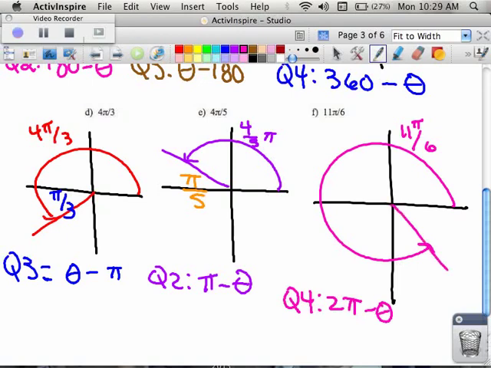Because here's our terminal side. We're almost to the 2 pi, but not quite. So 2 pi minus 11 pi over 6 is just pi over 6. So all of these answers that we're getting, the pi over 3, the pi over 5, and the pi over 6, are referring to an angle that we would be seeing in quadrant 1. That's why it's called a reference angle. It's something between 0 and 90 degrees, or 0 and pi over 2.